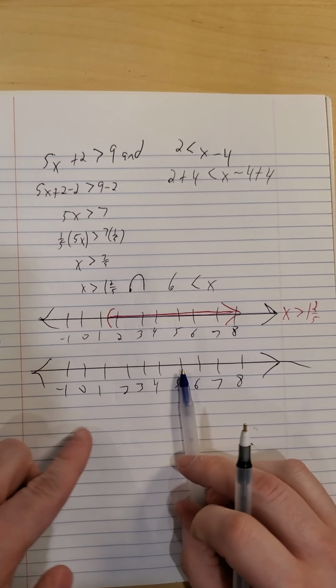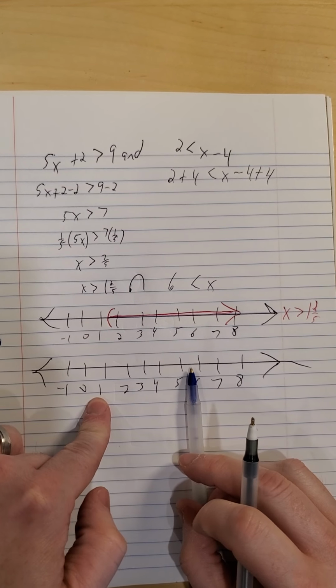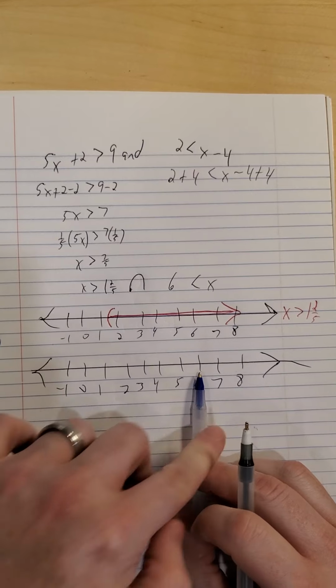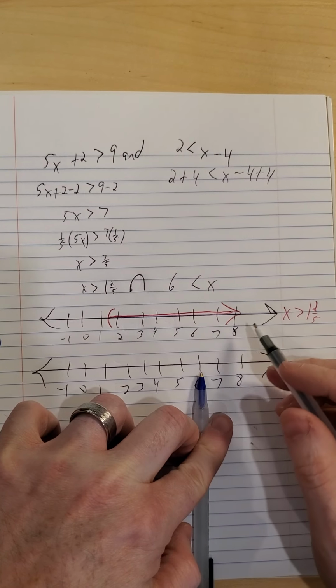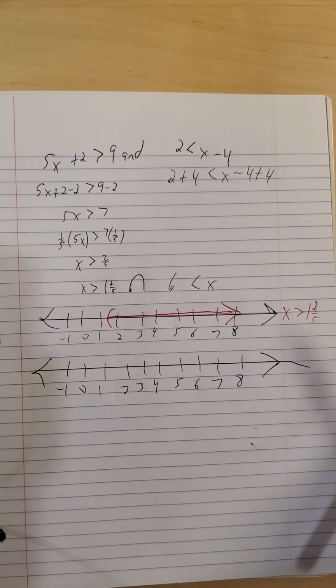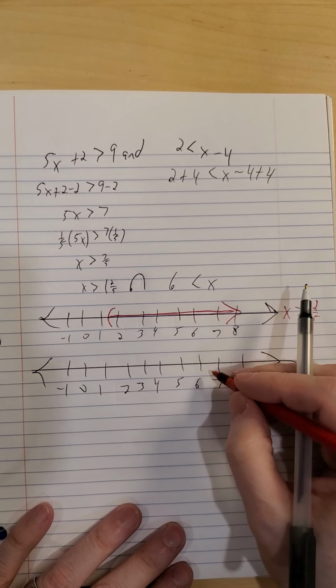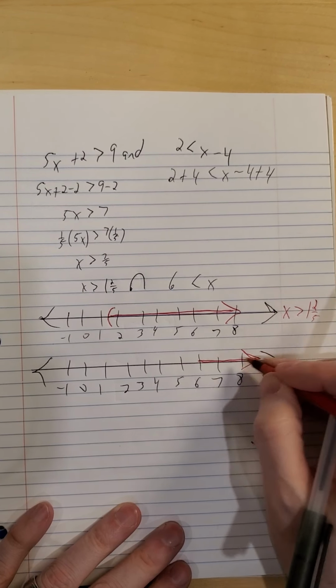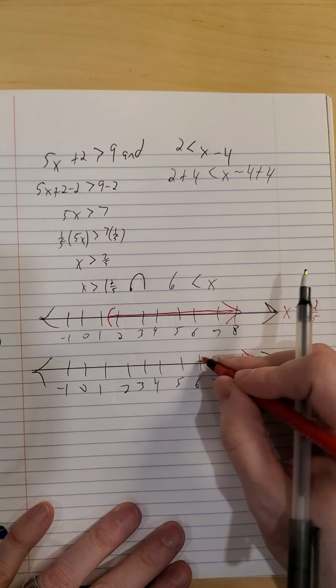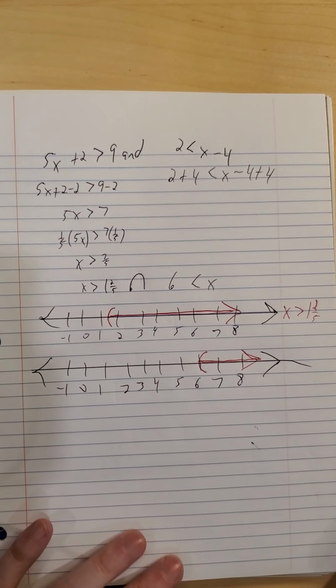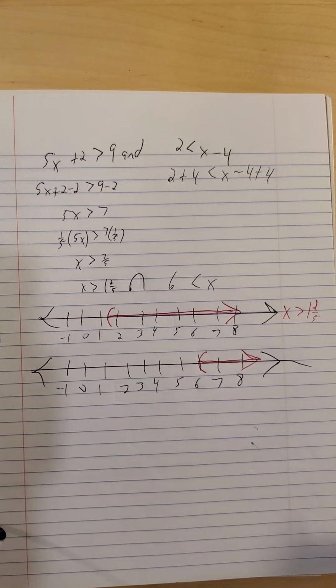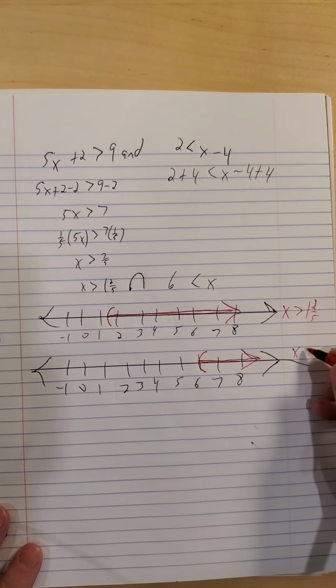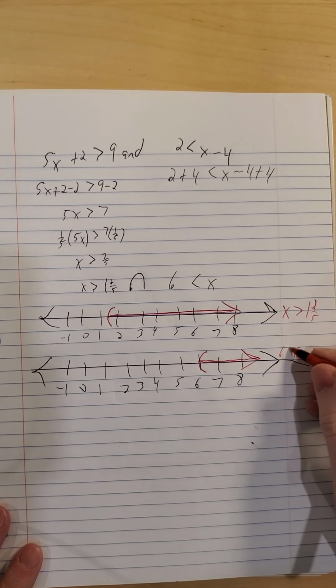So if I try out maybe the 1, 6 is less than 1 does not make sense, but 6 is less than 8 does make sense, so I'll shade in the direction of the 8 again. Strict inequality on this one as well, another parenthesis. And I'll put the label on the side for what that one was. That was 6 is less than x.